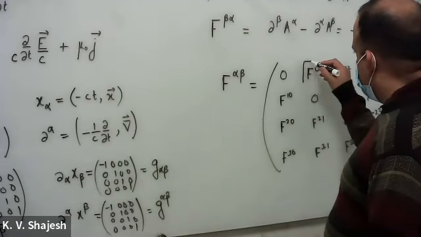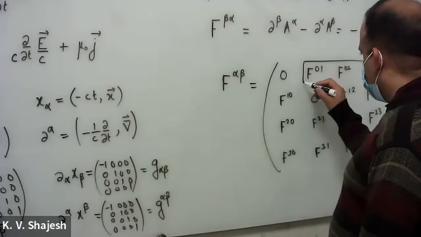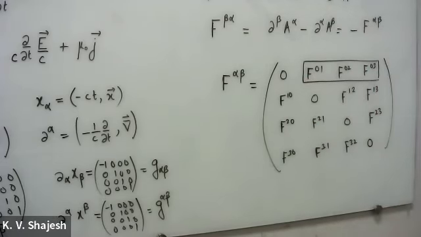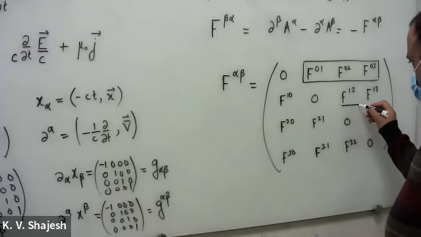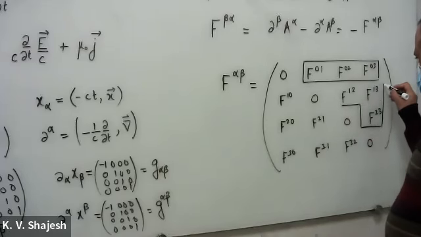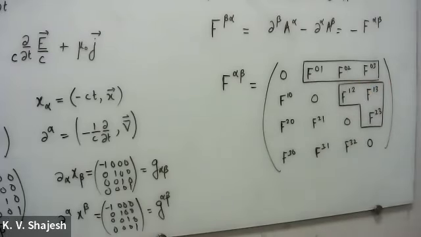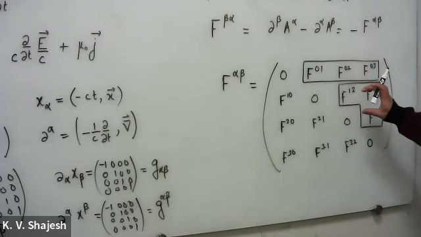This will form one vector, with 3 components, and this will form the 3 components of a second vector. It'll come out that this is the electric field and that's the magnetic field. That's what is going to happen.